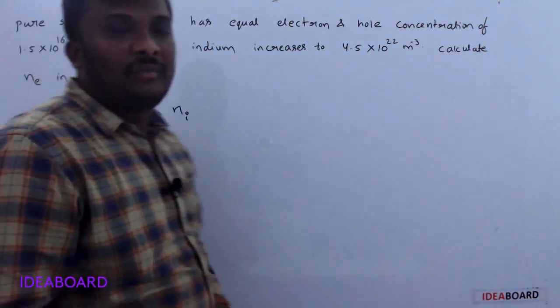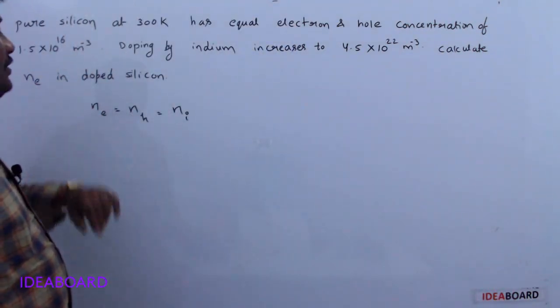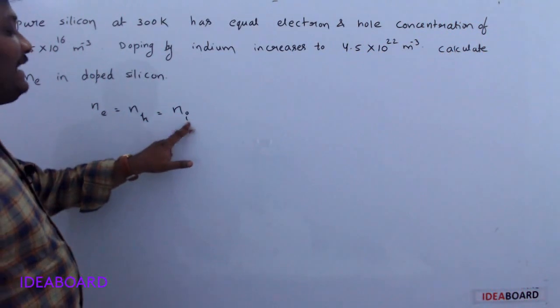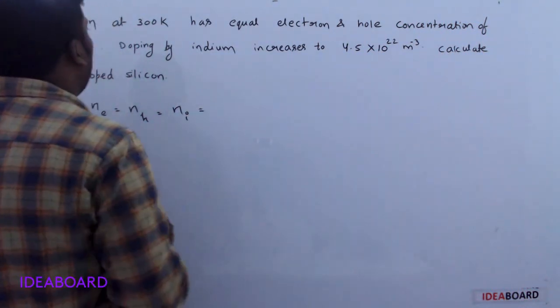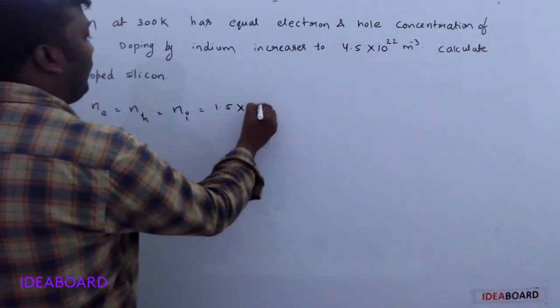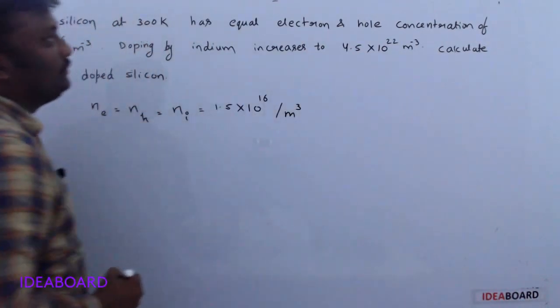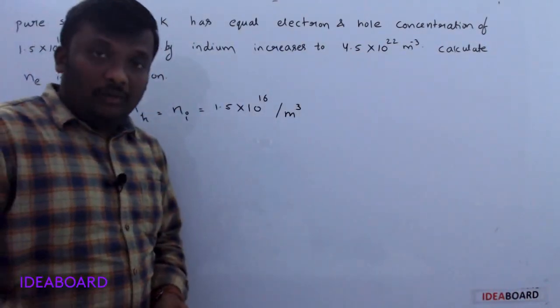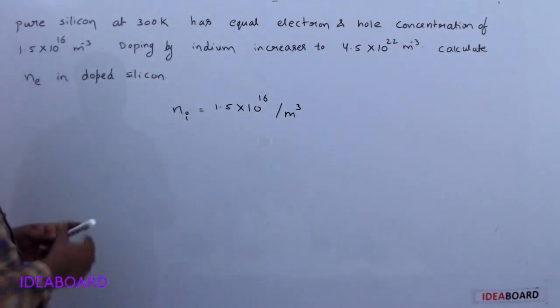Electron concentration is equal to hole concentration is equal to intrinsic carrier concentration. That value is given as 1.5 × 10^16 per meter cube. Let that be taken as Ni.